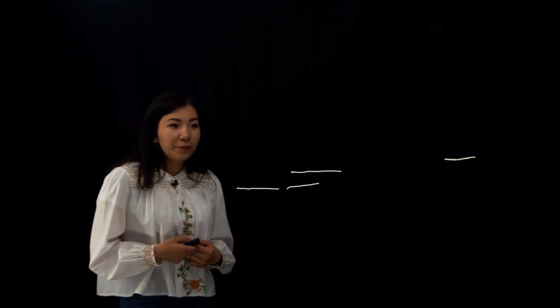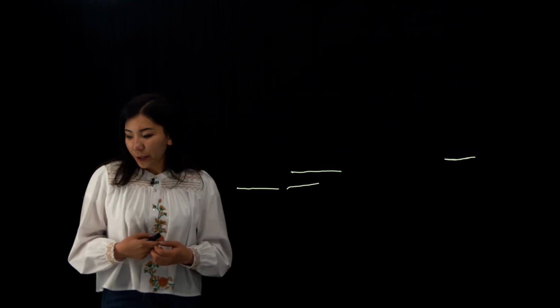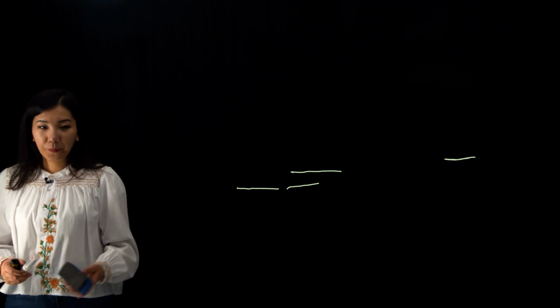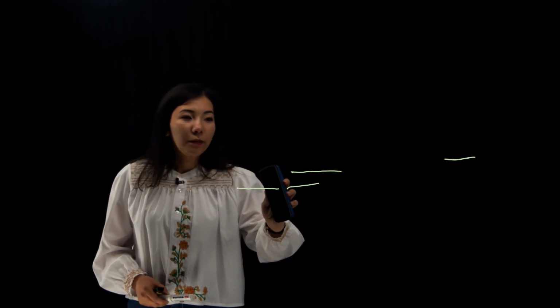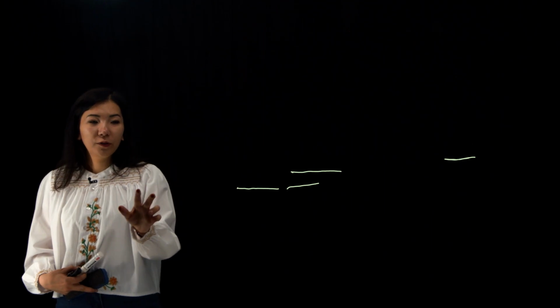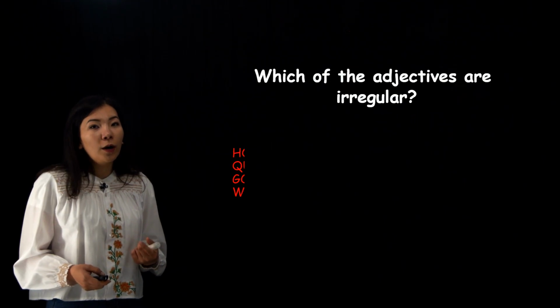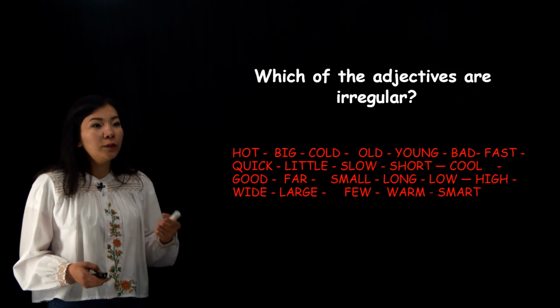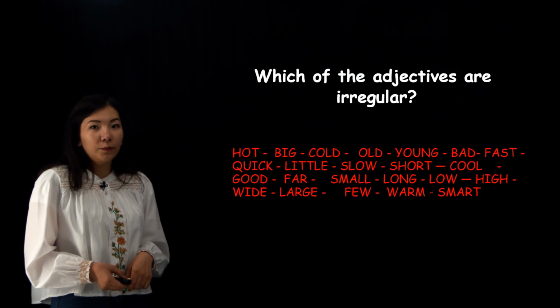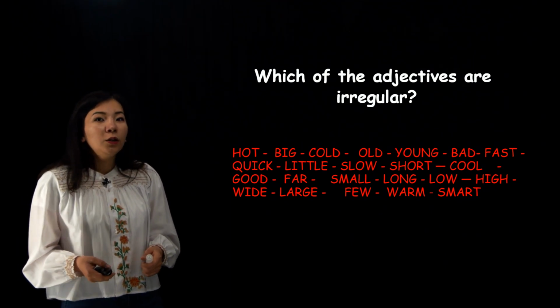All right. So here, let me erase it first of all. Okay, so here I want you to do this exercise. I want you to find irregular adjectives out of these words.